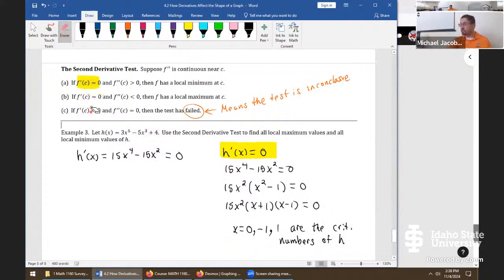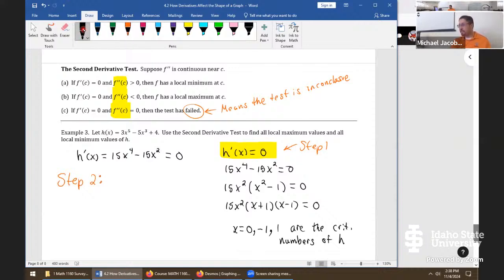So after dealing with the critical numbers, we have to go to this part next. Think of this as your step 1. We take the derivative, set equal to 0 and solve. But if we're using the second derivative test, that's our natural step 2. We're going to eventually need the second derivative. Let's call this step 2.